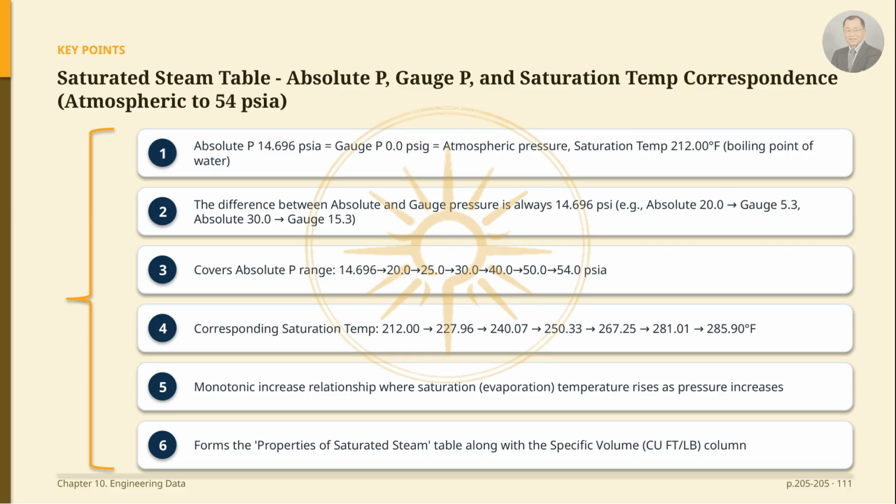In other words, it shows a monotonically increasing relationship where the temperature at which evaporation occurs rises as pressure increases. These pressure and temperature values pair with the specific volume column in the same table to complete the physical properties of saturated steam.